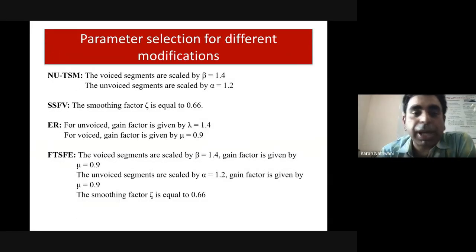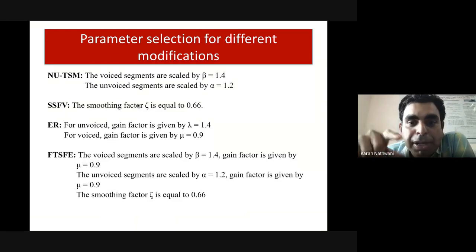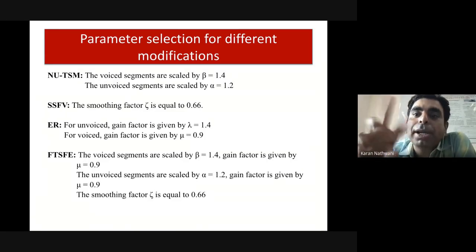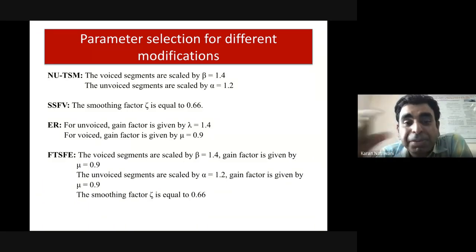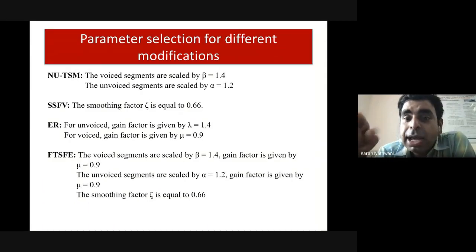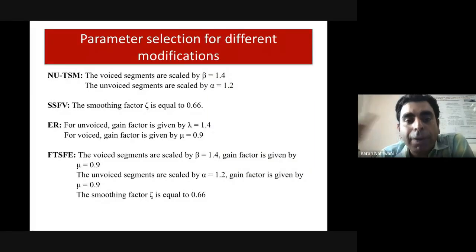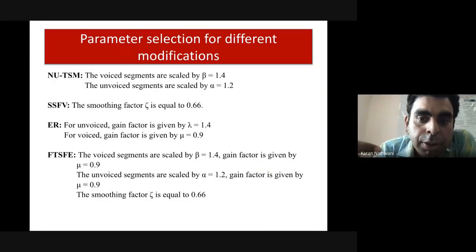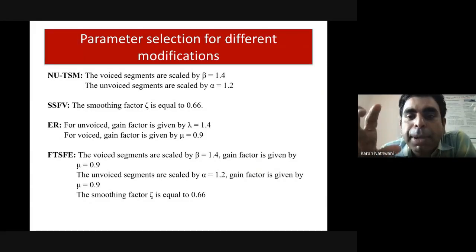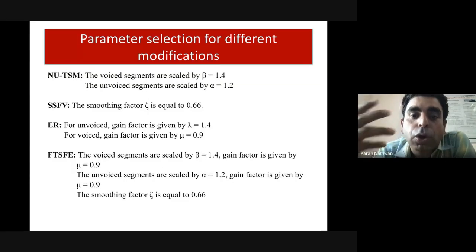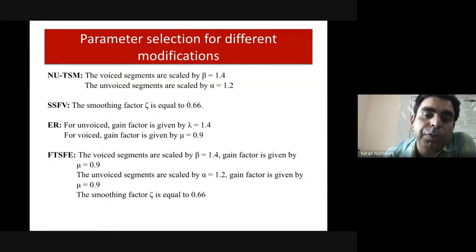Then I computed the parameters. These are very important points because you may have seen some parameters in the beginning. What should the parameters be? I obtained them heuristically for this particular noise condition. If the noise changes, these parameters are really going to change. That is what we have started next here at IIT Jammu: finding these parameters by machine learning, where you can use an AI/ML approach or some optimization to find them.